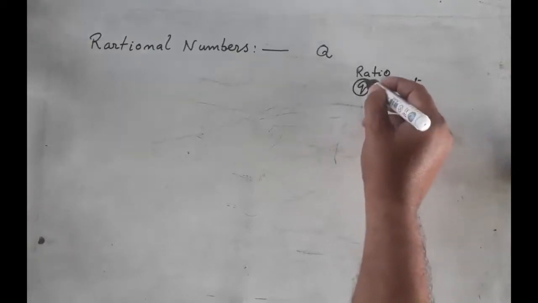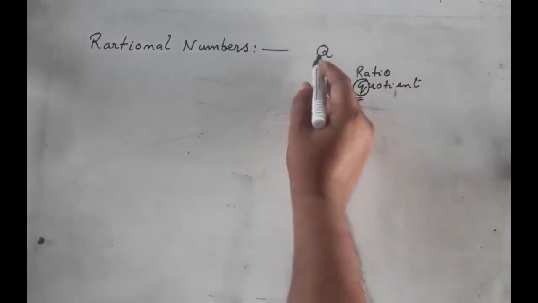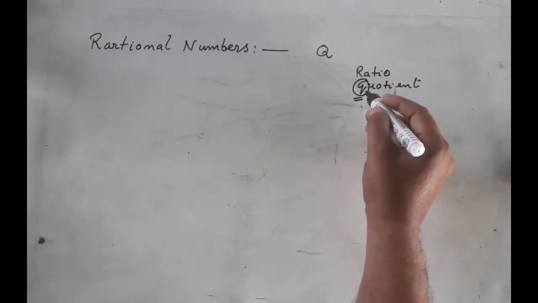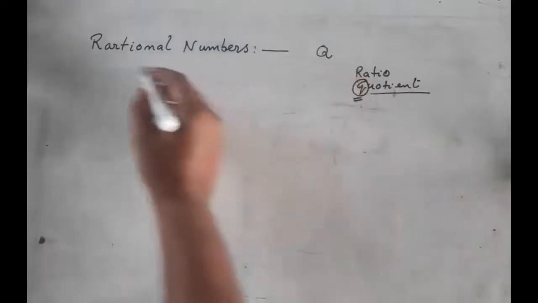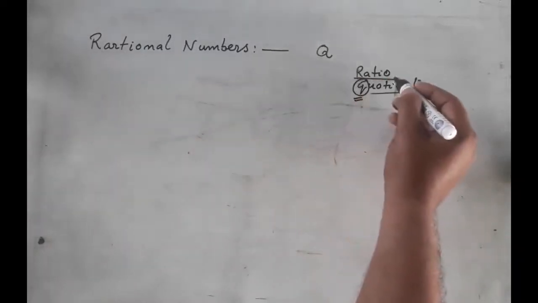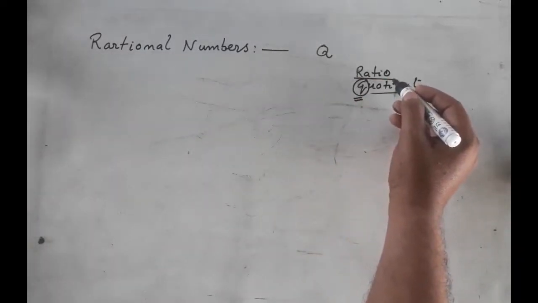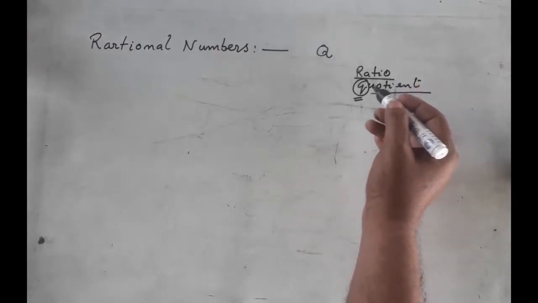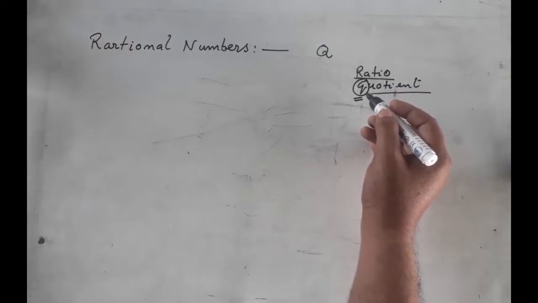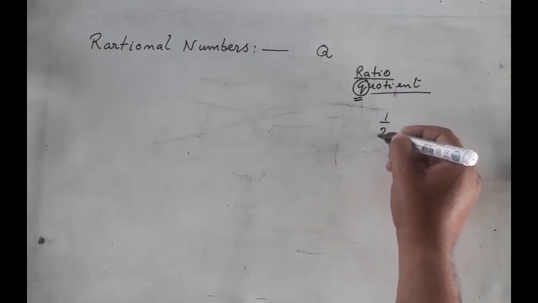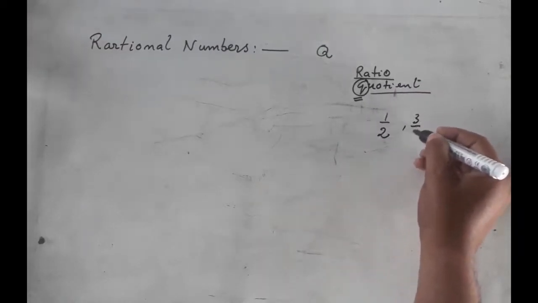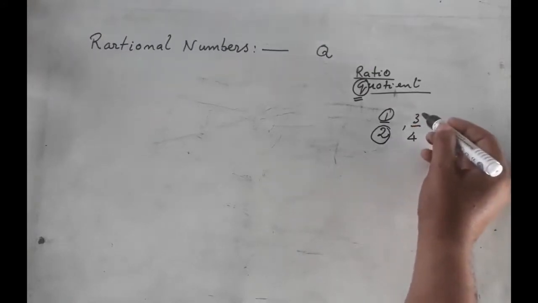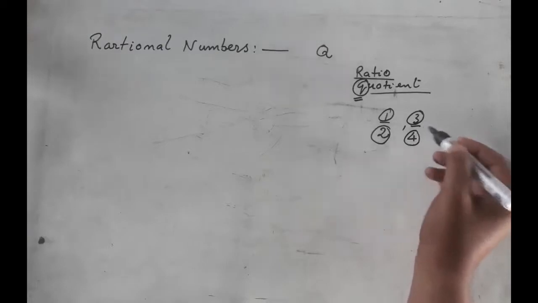What is ratio? We can denote it such as 1 by 2, 3 by 4, that is the ratio of 1 and 2, and the ratio of 3 and 4.